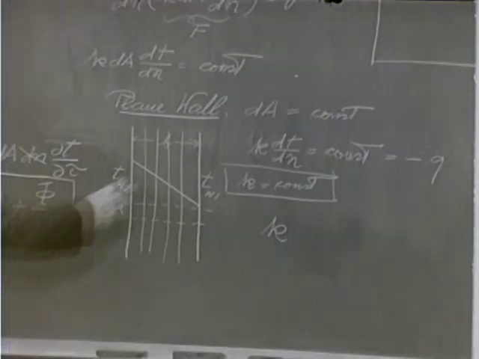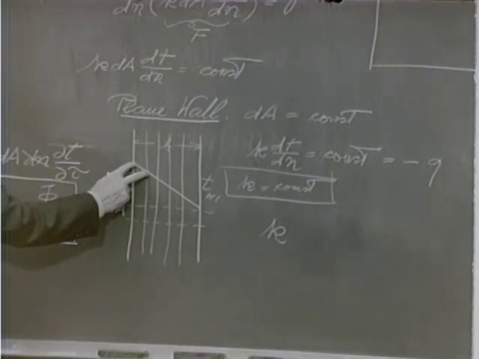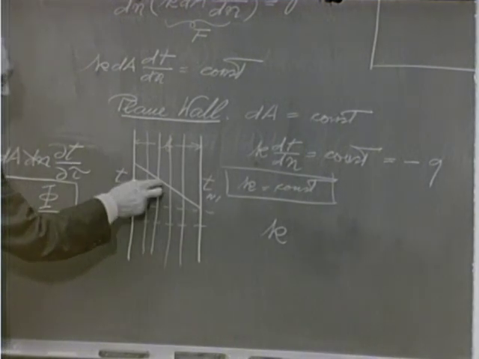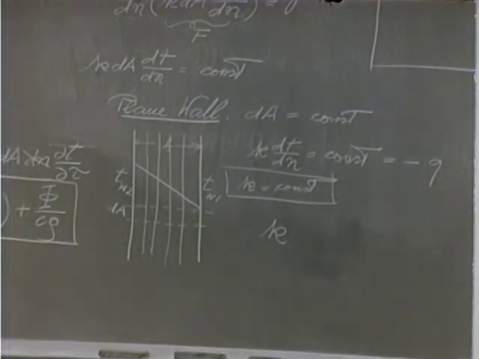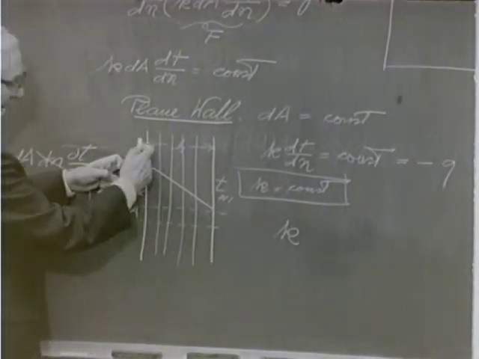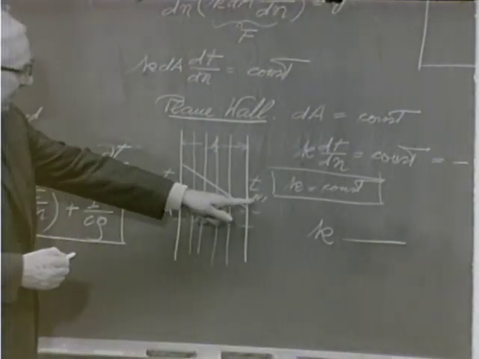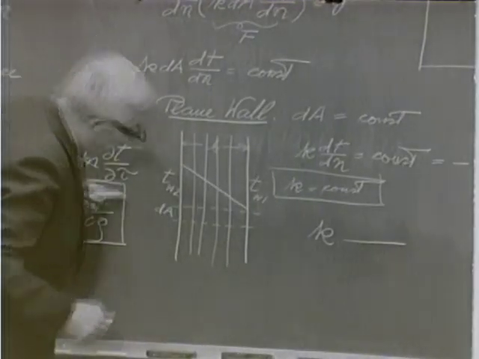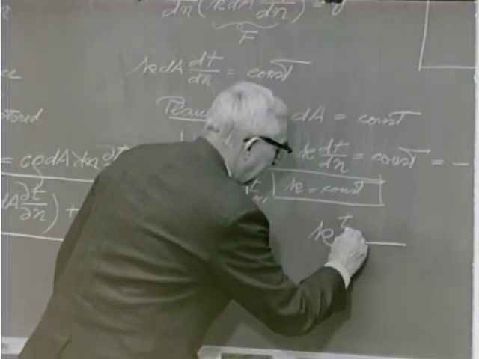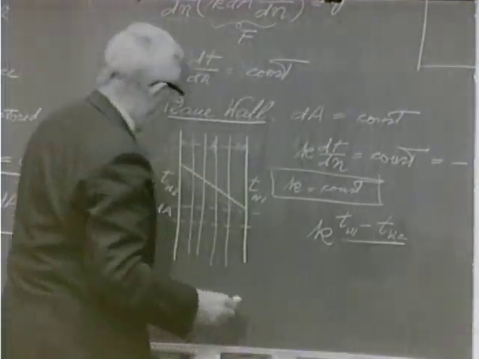Since the temperature gradient, the temperature variation per unit length, is the same whatever the size of the dn is which we use, the ratio is always the same. We can just as well say this is equal to this temperature difference divided by B. Actually, we have to write, because we count n normal in this way, we have to take TW1, the one further away, minus TW2, over B.